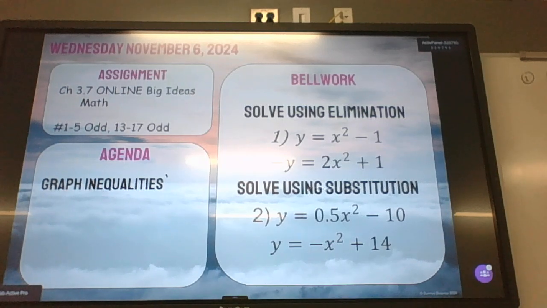So I'm going to take this y out, and I'm going to put a little replacement in, a substitute in. And I have negative x squared plus 14 equals 0.5x squared minus 10.